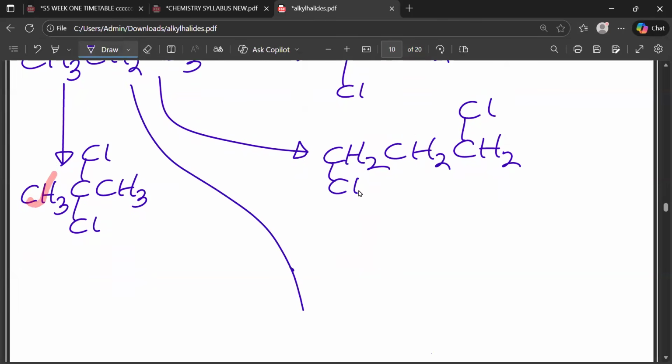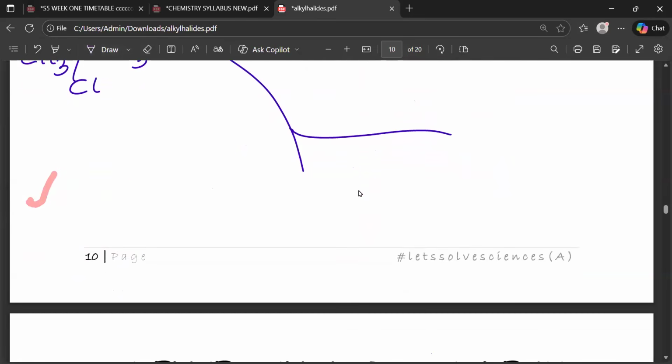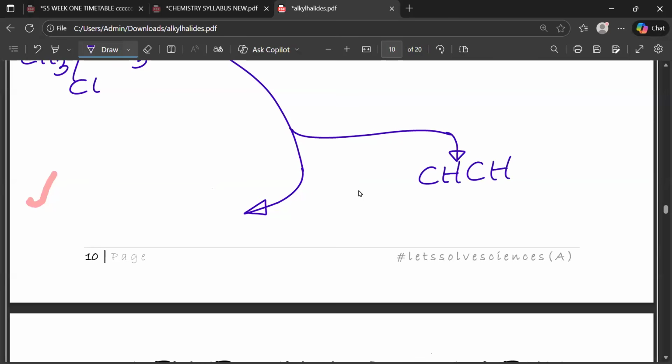Then we can also have these ones. This one can be left.